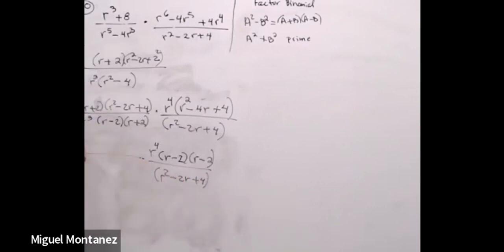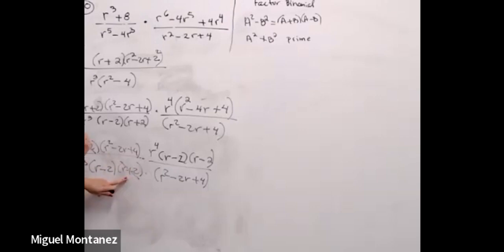Over here is R plus 2, R squared minus 2R plus 4. And now we start simplifying if we see something in common, right? We could simplify now. This R plus 2 can be canceled out with this R plus 2.